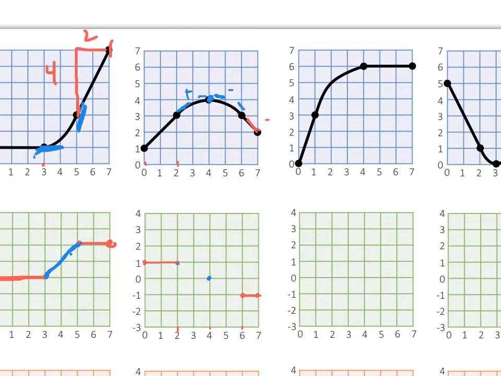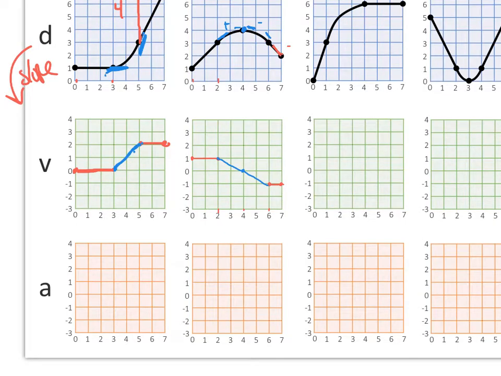I'm going to connect through the origin, because that tells me it goes to 0, and then I'm going to connect all the way down to -1 right here. So what that object's doing in that interval is it is starting at 1 meter per second, slowing down, stopping, turning around, speeding back up in the other direction.